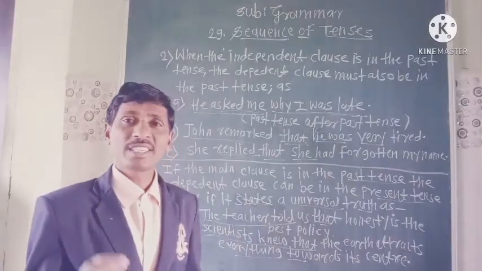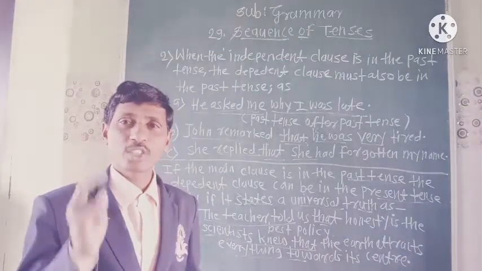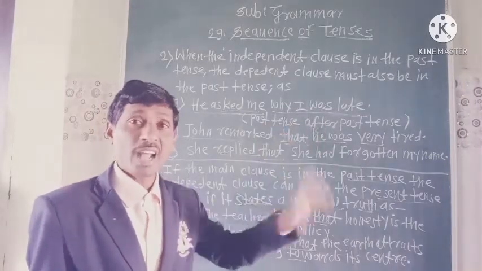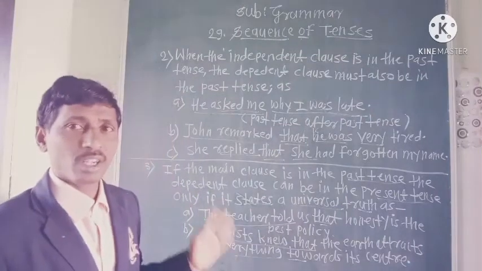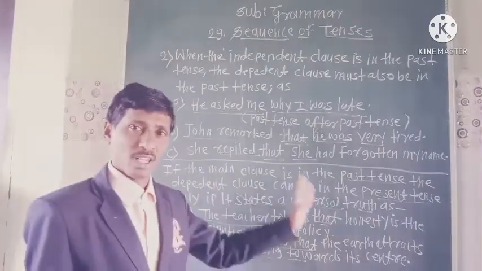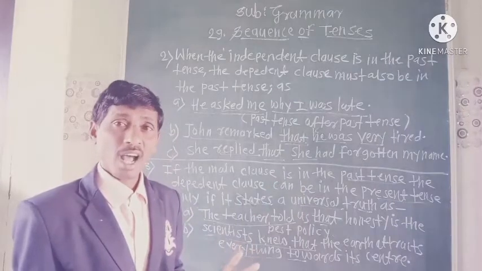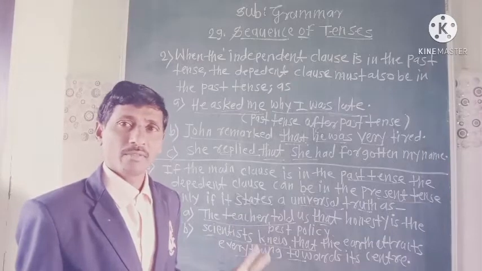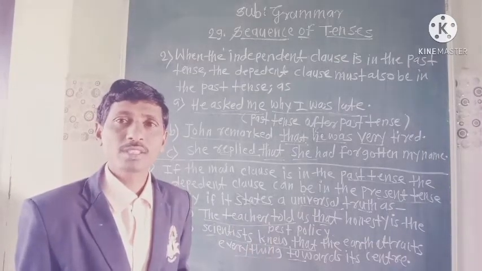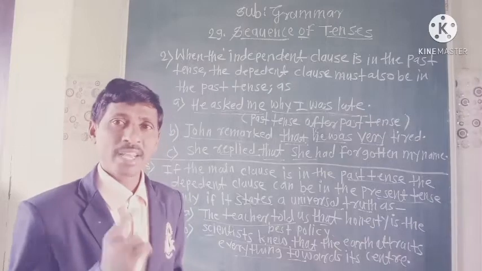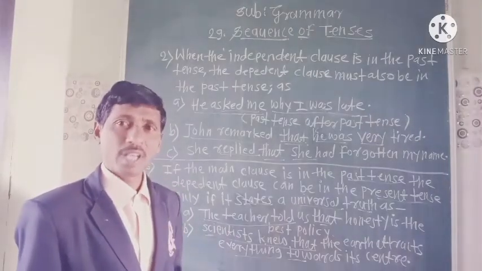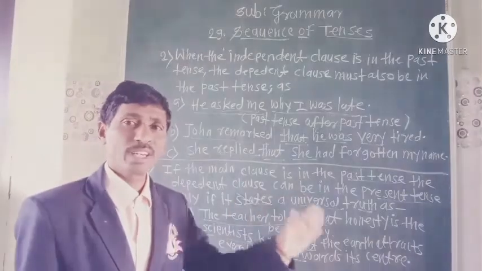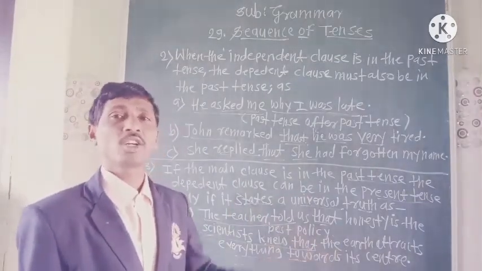Every sentence has two parts, subject and predicate, and I also explained what a clause is. There are two chief clauses. The first is the principal clause or main clause, which we call the independent clause. The second is the subordinate clause or dependent clause.